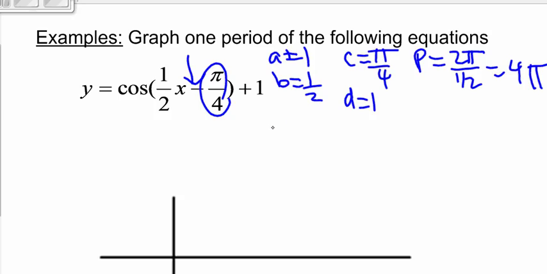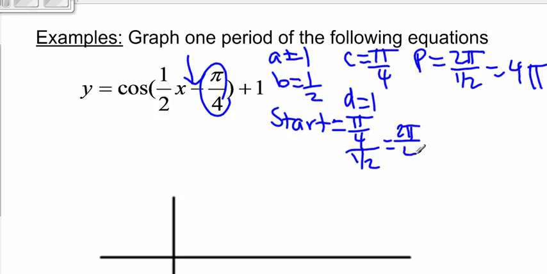Our start value is going to be our C divided by our B. So our C value was pi over 4 divided by 1/2, which was our B. Okay, which is 2 pi over 4, or pi over 2. Okay, if I'm going to flip it over here, pi over 4 times 2 over 1 would give me 2 pi over 4. So you can see that. Okay, that was my start.